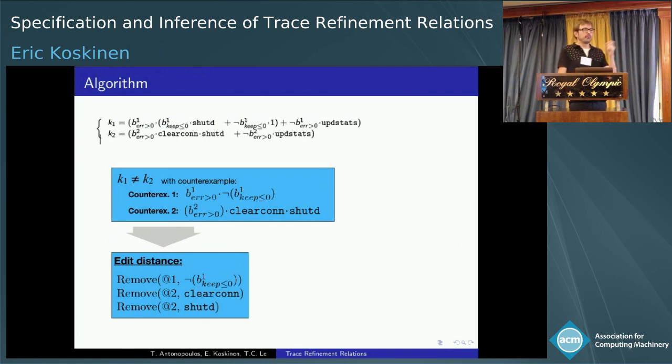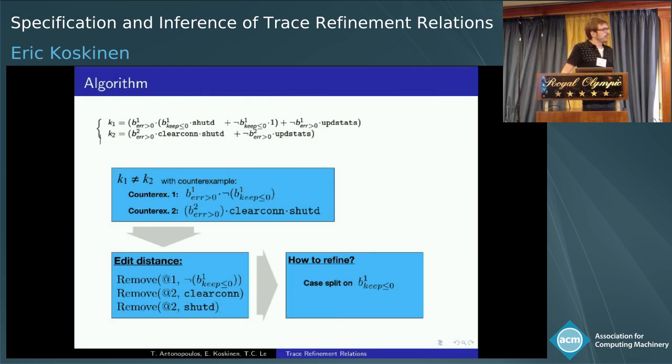Okay, so from these counterexamples, we have a custom edit distance algorithm that will suggest different ways in which these counterexamples can be massaged to be equivalent. For this particular example, one way is to simply remove this condition of the keep alive not being negative. Or we could try to remove some of these events that occur in the second counterexample.